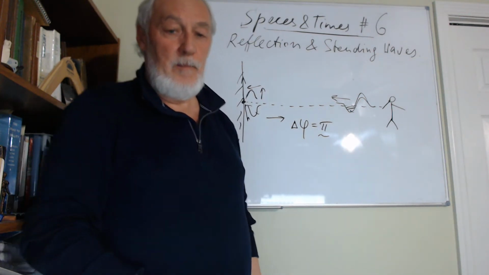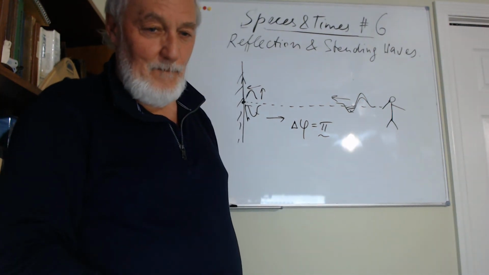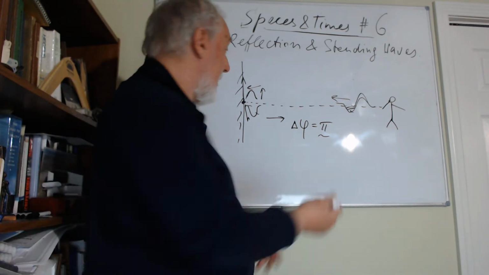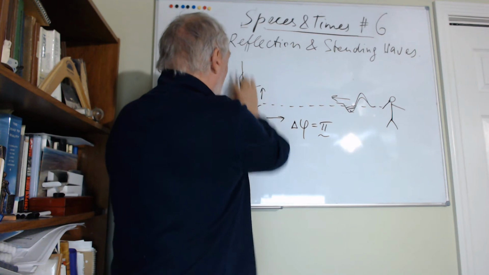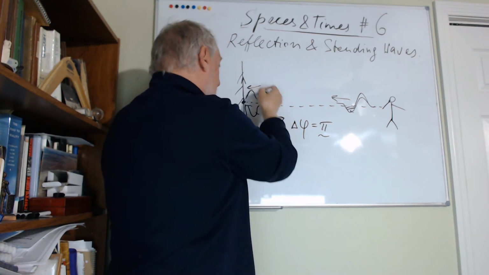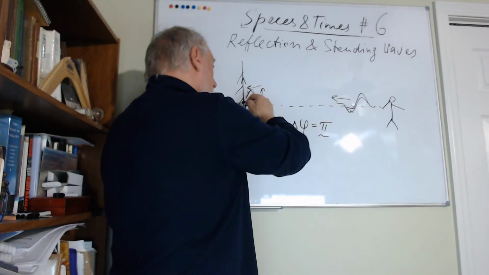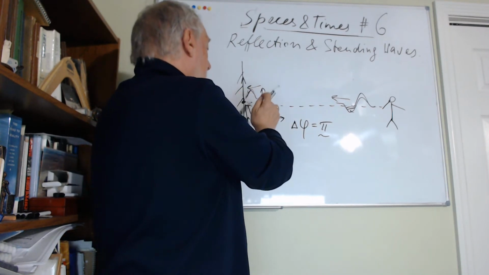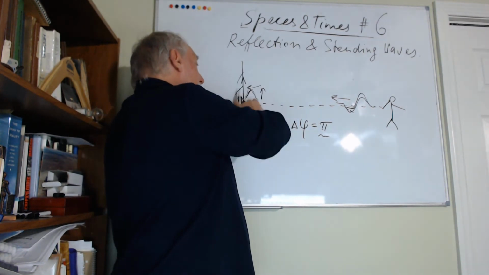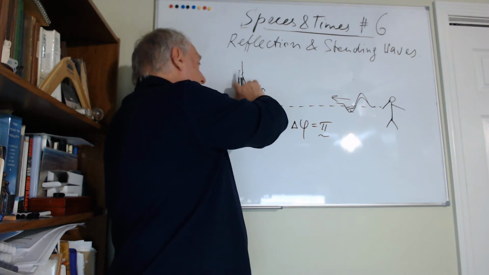But then how come it's going down? Because it's opposite. The rope tries to push the wall up because it goes this way, right? The wave on the rope tried to move the wall. It cannot really move the wall, but it tried to push the wall up.